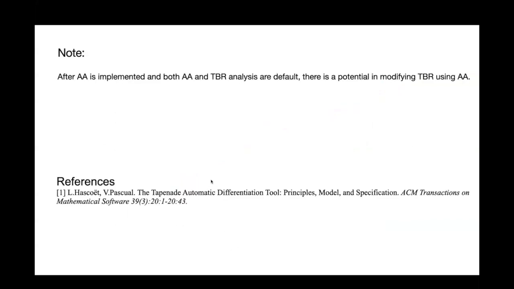Just to note, there are many analyses already implemented in CLAD, such as TBR analysis. It is also somewhat similar to activity analysis, and the ultimate goal is basically to make TBR analysis profit from activity analysis. And I will be doing that, and I guess that's it.